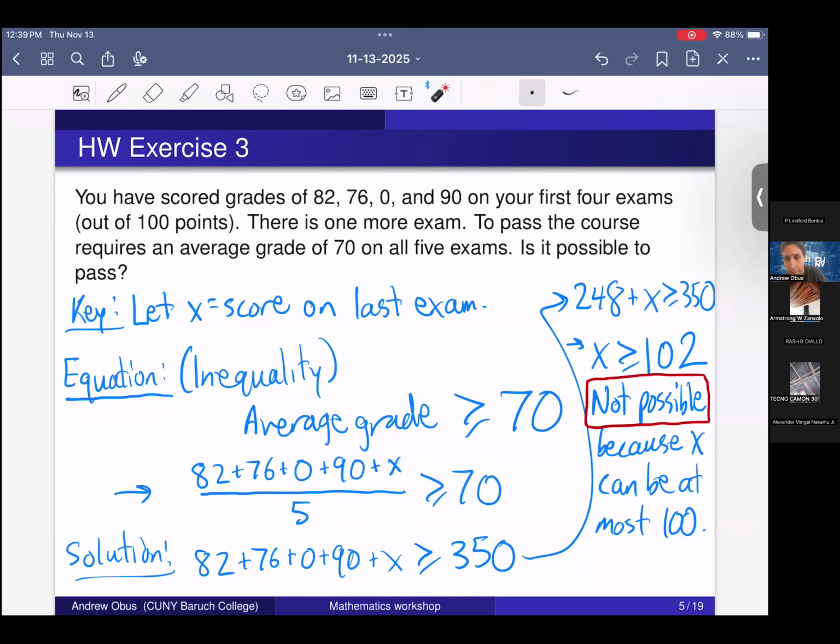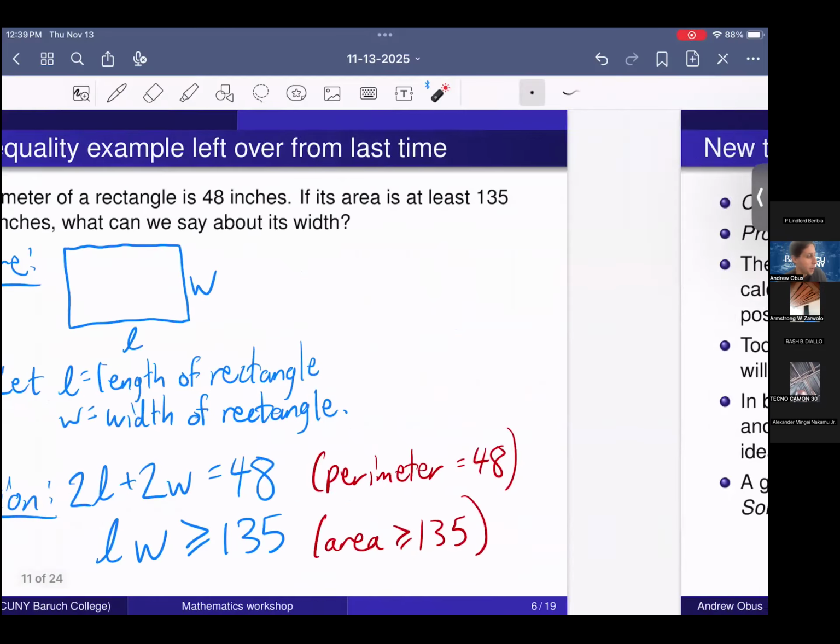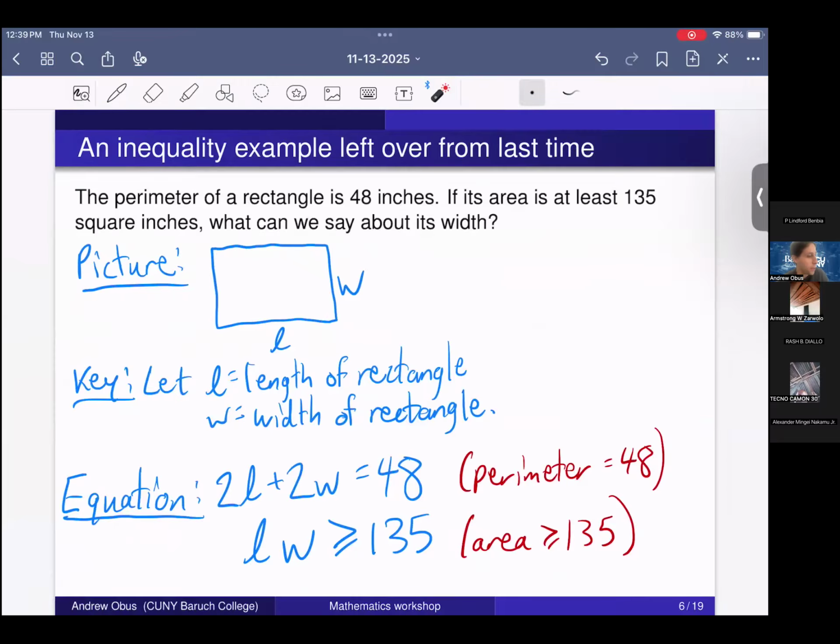You're welcome. Why the use of the greater than or equal to sign? That's a great question. We use the greater than or equal sign because of the words "at least." When you say something is at least something else, that means greater than or equal to.